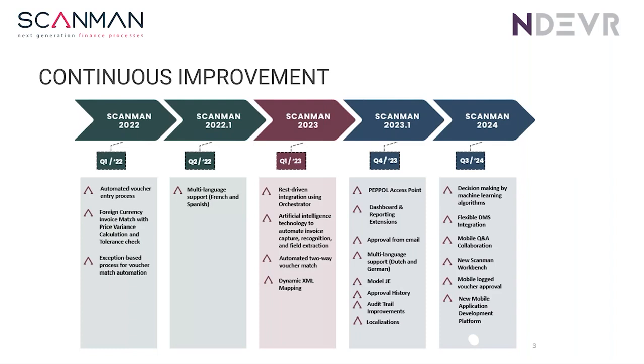PEPPOL is an e-invoice extension, which is promoted by the Australian and New Zealand governments, and it is actually a network for exchanging e-invoices based on UBL 2.1, I think. So if we are an access point, it's way easier to connect to suppliers who are also on the PEPPOL network. And outside of Australia, we see a lot of PEPPOL, well, mostly in Europe, I would say.